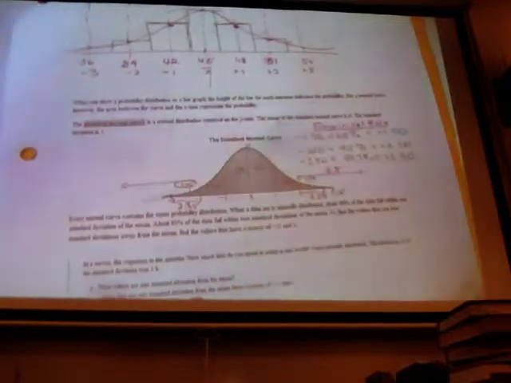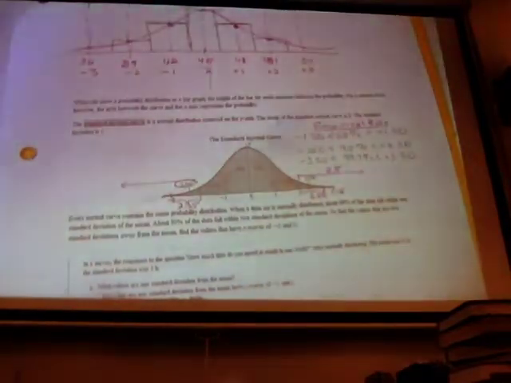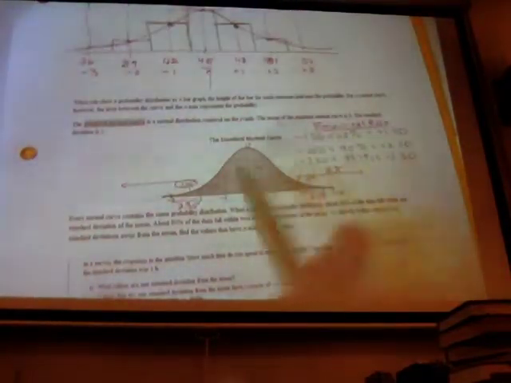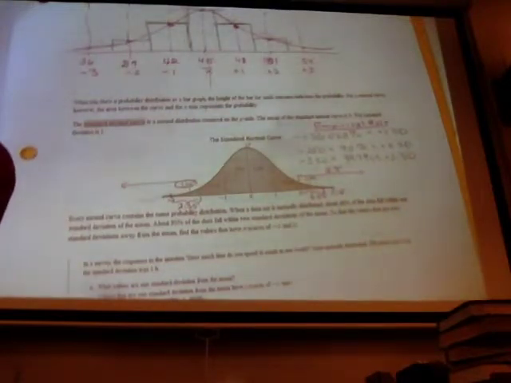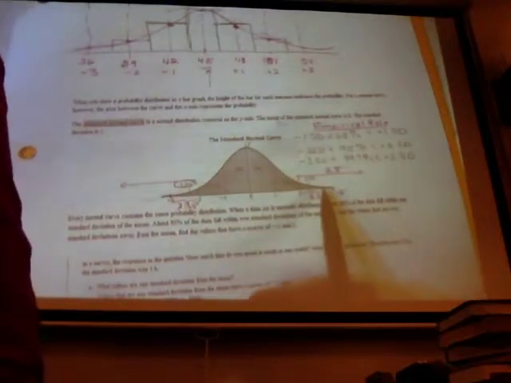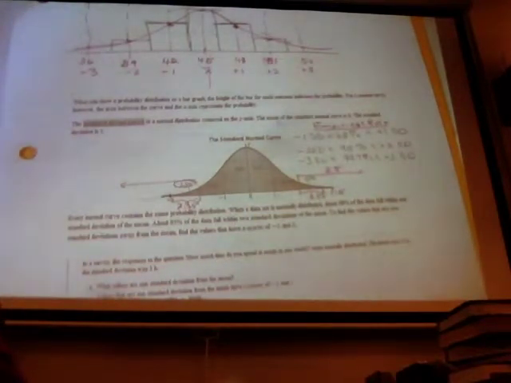In a standard normal curve, within one standard deviation, 68% of your data will fall within one on both sides. Within 2, it will be 95%. Within 3, it would be 99.7%. Okay? And then this is the rest of the residue that goes out to this.